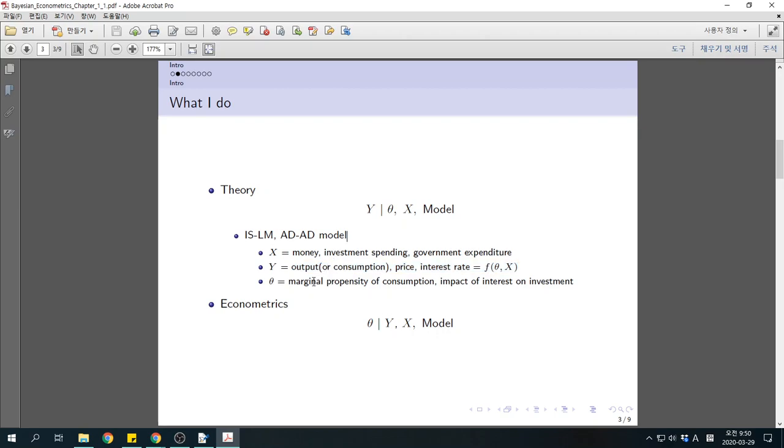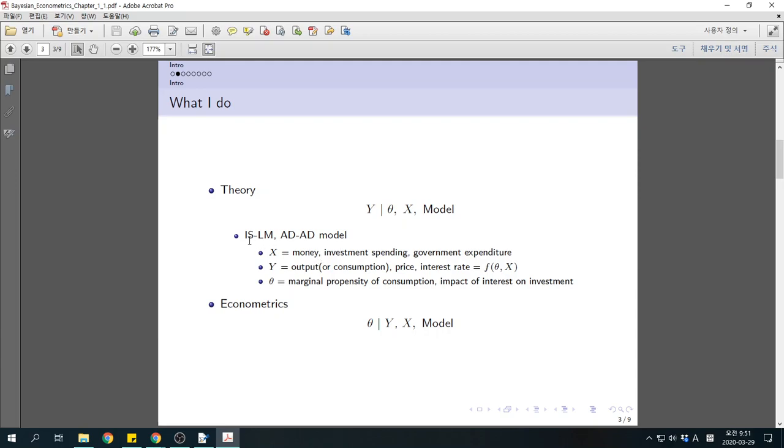Right, so this is the model. If you believe the IS-LM AD-AS model is good or convincing, then you believe that these endogenous variables are generated from these structures. If you don't agree with the model, that means you don't believe the model, which means there must be some weakness, because there could be some missing variables.